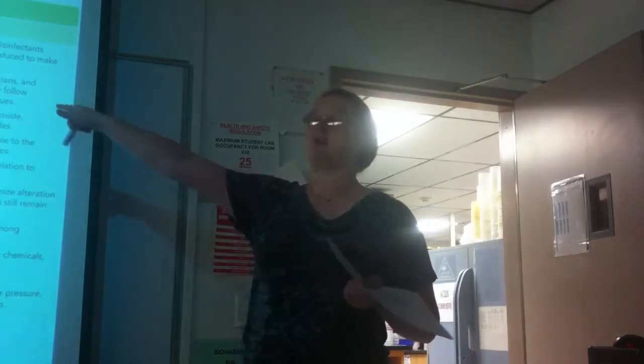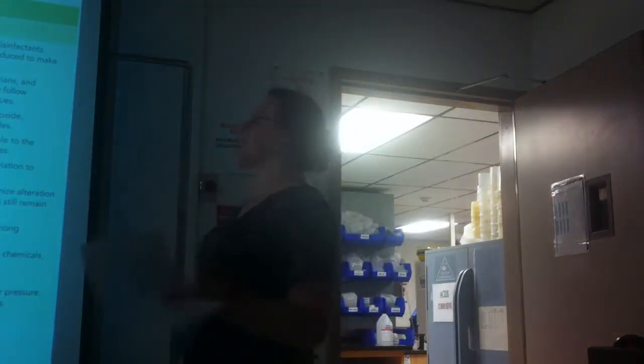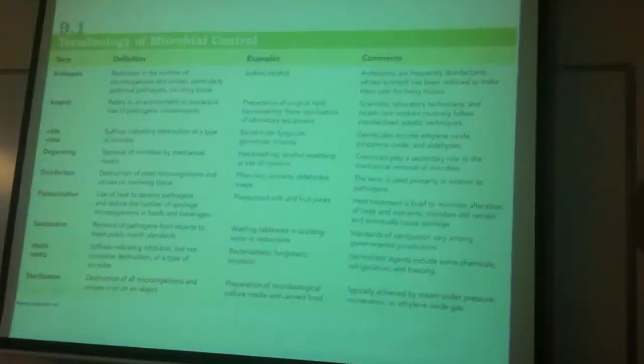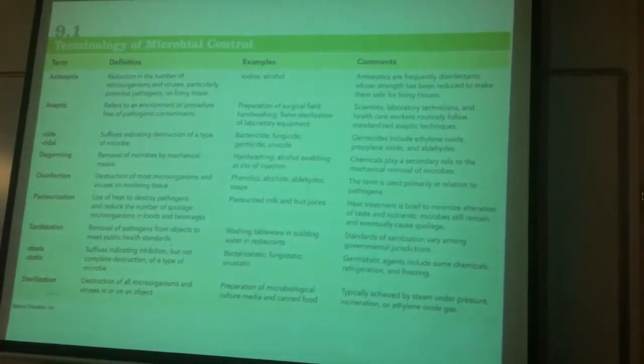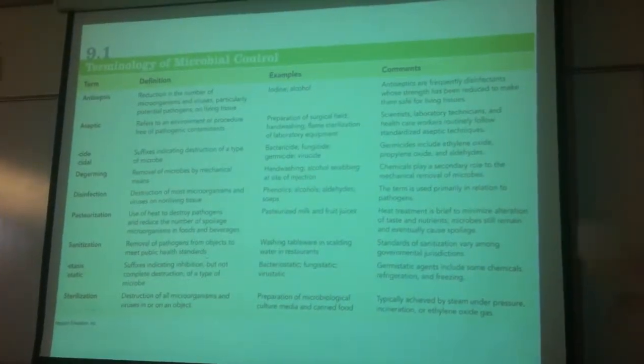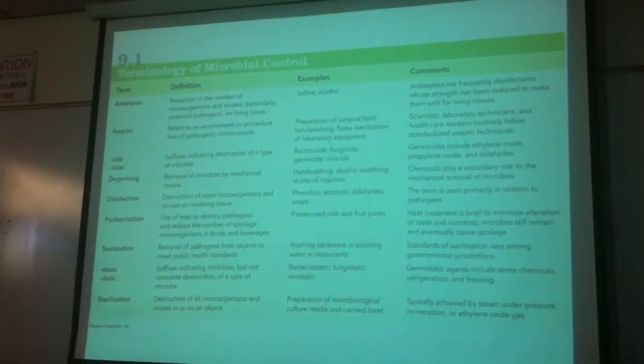Commonly we use iodine and alcohol. They're great at reducing the number of microbes or viruses, and they're safe enough that you can use them on humans. These are disinfectants whose strength has been reduced to make them safe for us to use. It's a great little chart on the static versus the sides, telling you what they do.